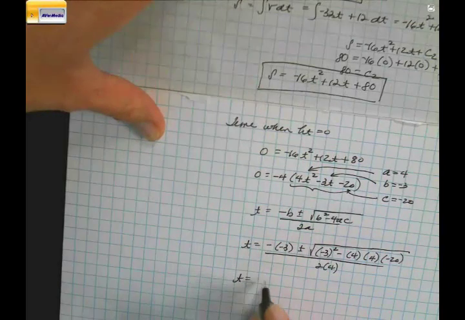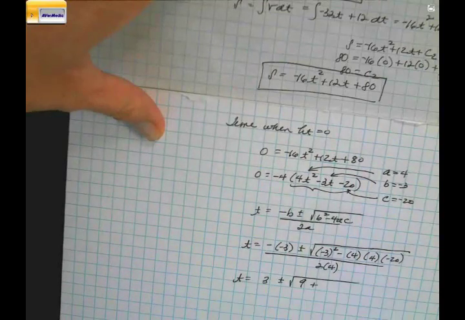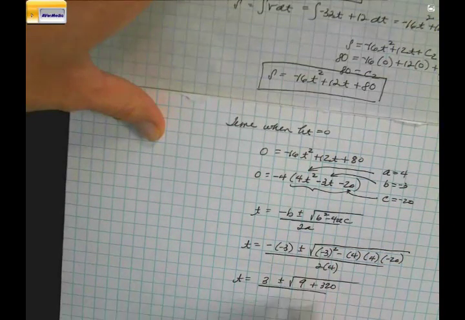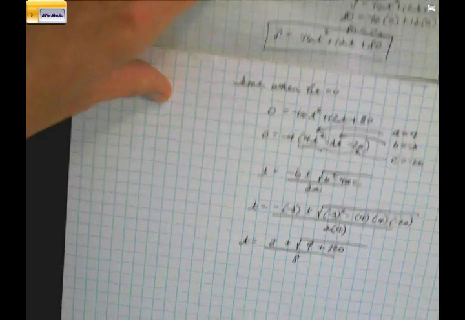So therefore you have t equaling 3 plus or minus the square root of 9 plus 16 times 20, which is 320. Is that right? Over 8. Did I do that right? A negative times a negative makes a positive, subtracting a negative number.